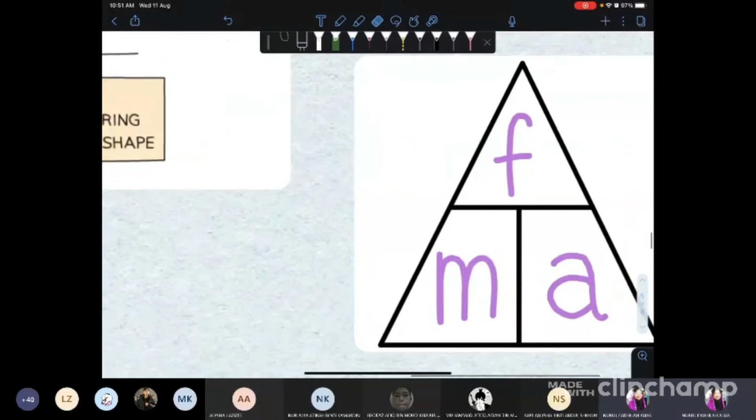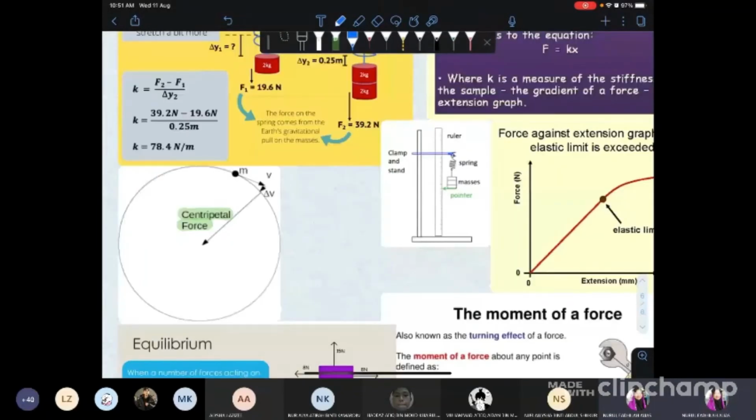F equals to ma. So F, okay, we know that F equals to ma. Now, when we know that, and then now for this one, acceleration. Okay, kenapa when the object is moving in a circular motion, there is always an acceleration?